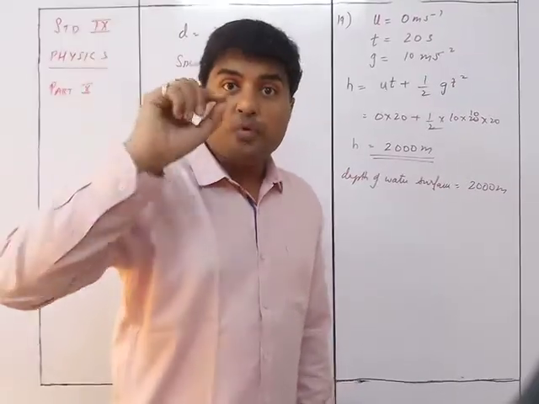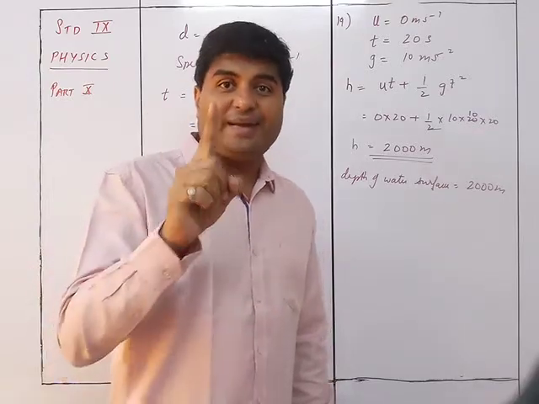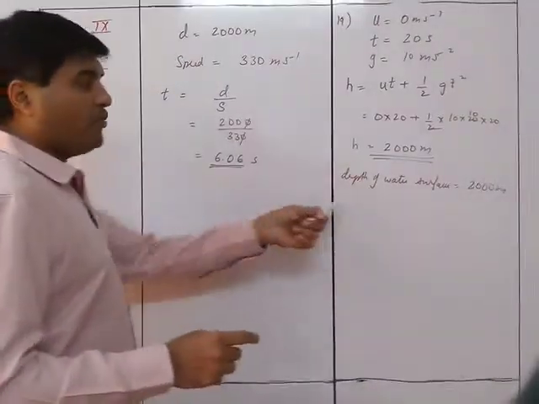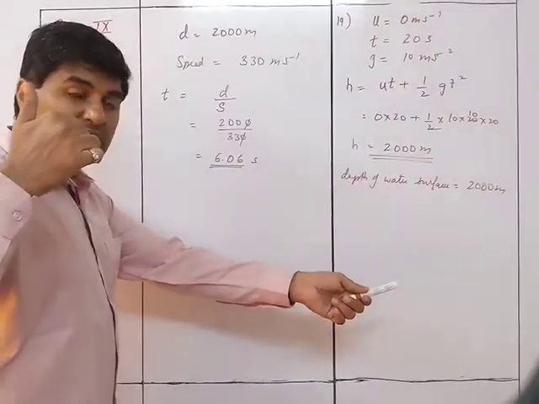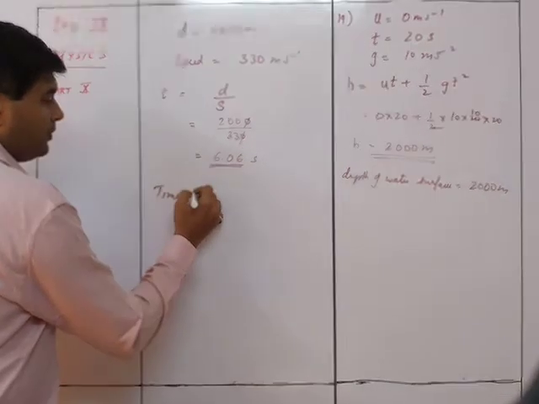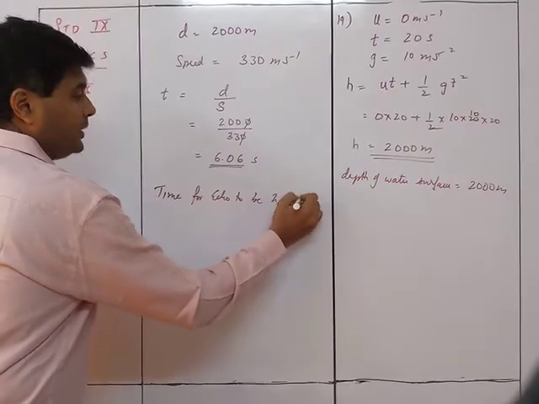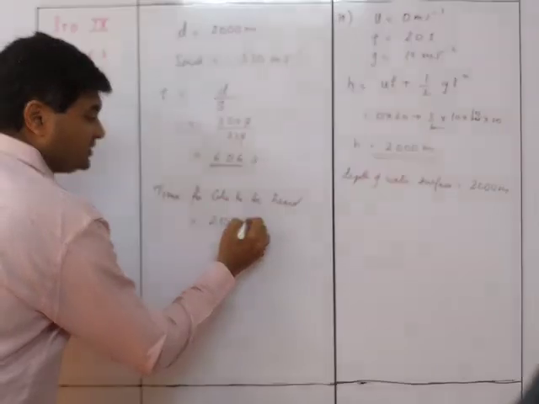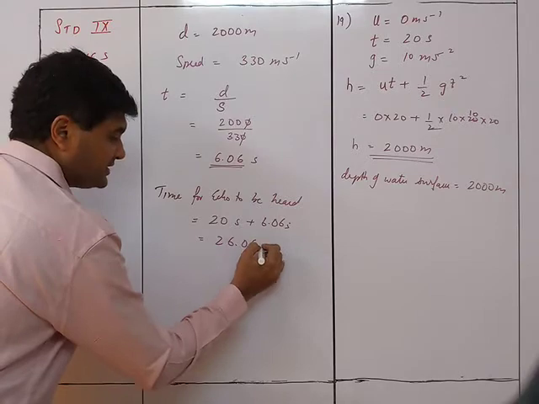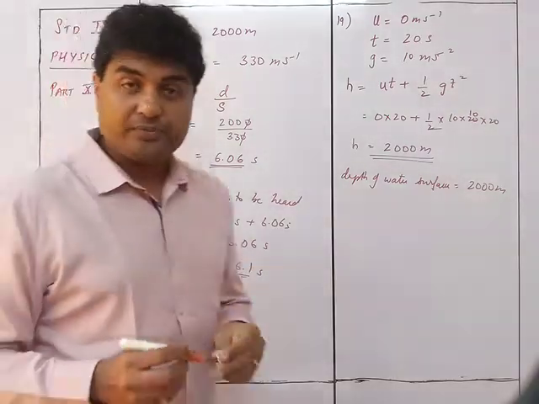The moment you drop the pebble, it reached the surface in 20 seconds, and then another 6 seconds it is taking for the sound to travel upwards. Therefore, time for echo to be heard is equal to 20 seconds plus 6.06 seconds is equal to 26.06 seconds, which is 26.1 seconds, rounding it off.